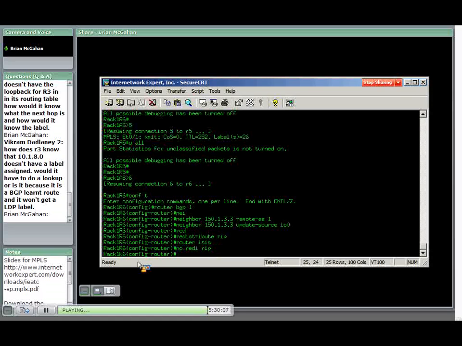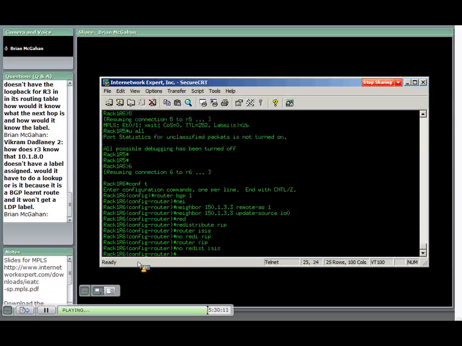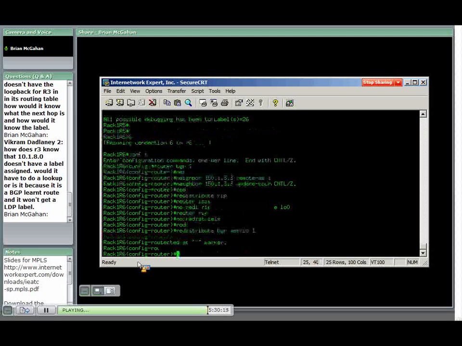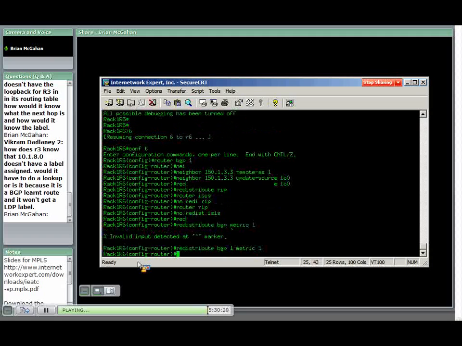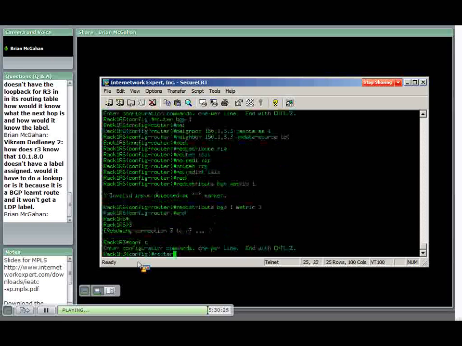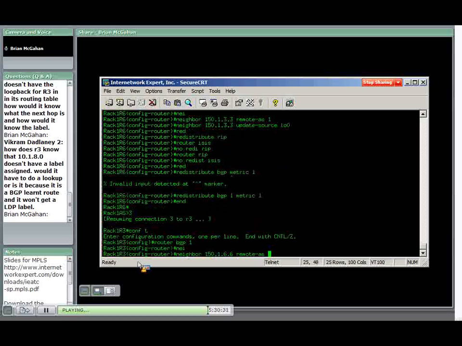They're going to have it just to the internal routers. Okay, so on router 3, actually on everybody, let's undebug.